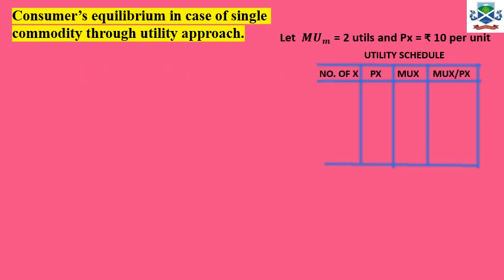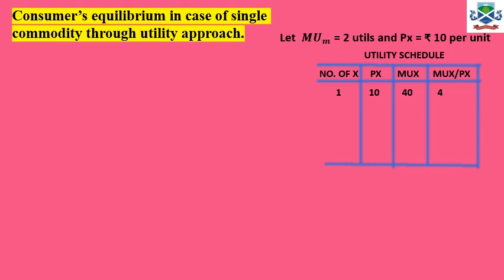If the number of units of good X is 1 unit and the price is 10 rupees, the marginal utility you are getting is 40, and as you divide MUX by PX, that means 40 divided by 10, you will get 4. So that is MUX by PX for the first unit.